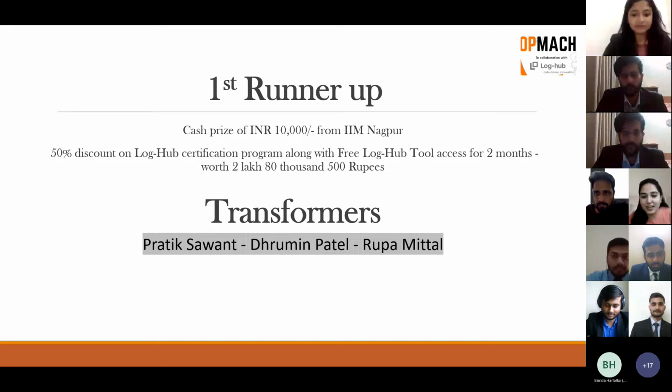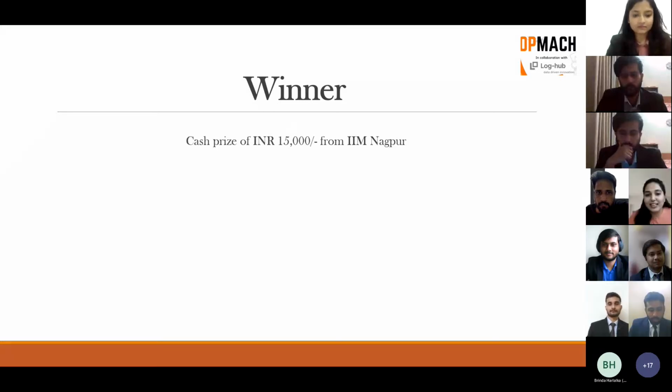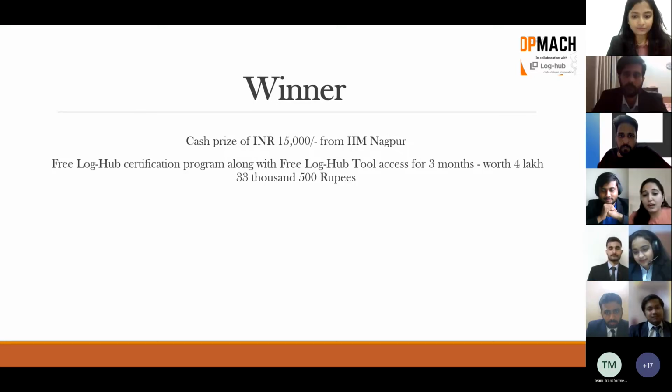So here we are. The last, the most important one for the day, the winner of this event, who will get 15,000 INR from IIM Nagpur and a free full certification program, along with LogHub tools access for 3 months worth rupees 4,33,000.